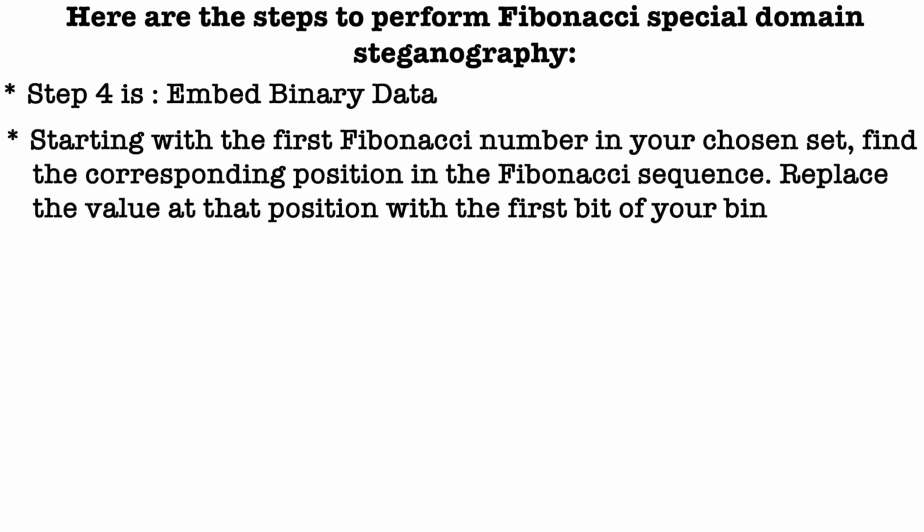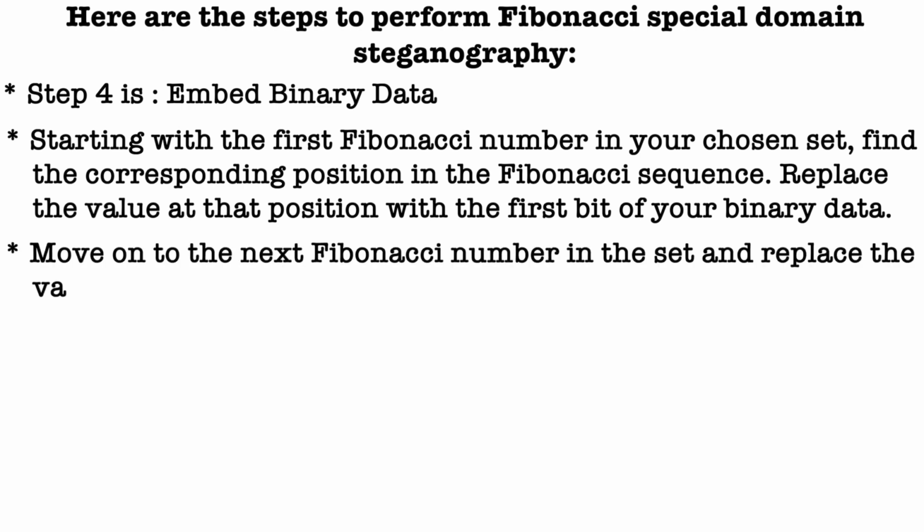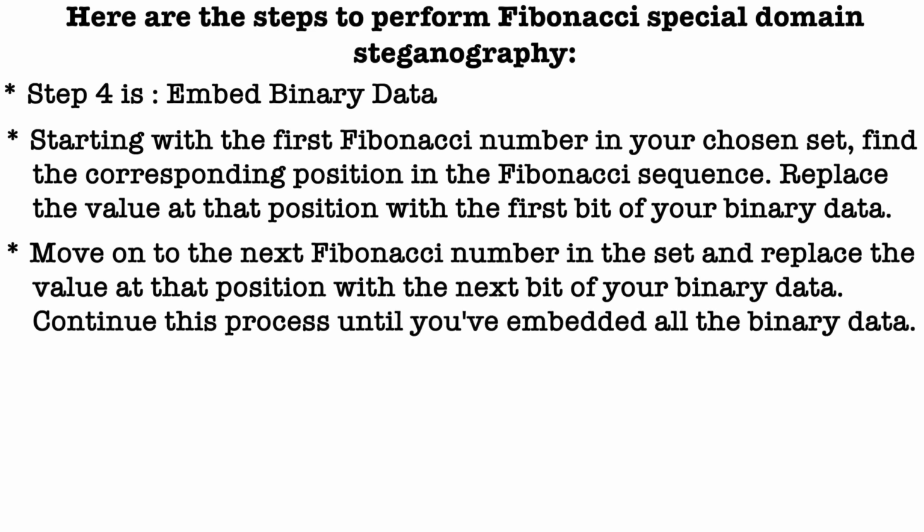Starting with the first Fibonacci number in your chosen set, find the corresponding position in the Fibonacci sequence and replace the value at the position with the first bit of your binary data. Now, move on to the next Fibonacci number in the set and replace the value at the position with the next bit of your binary data.